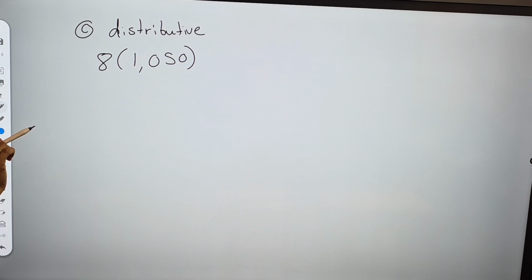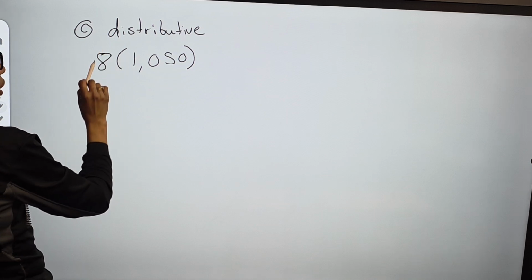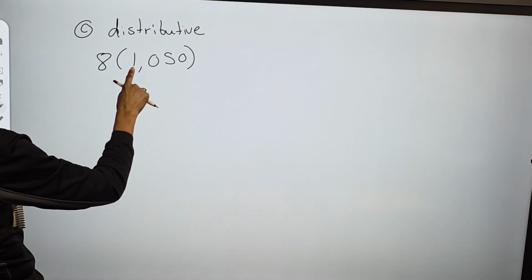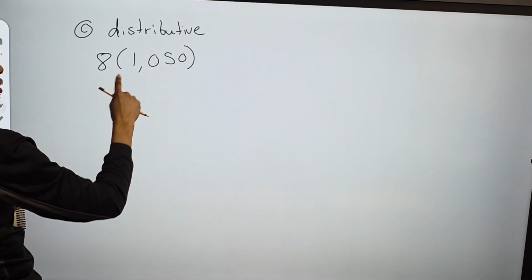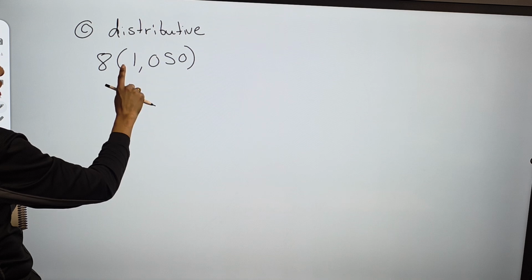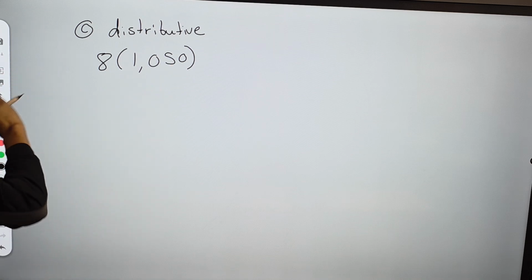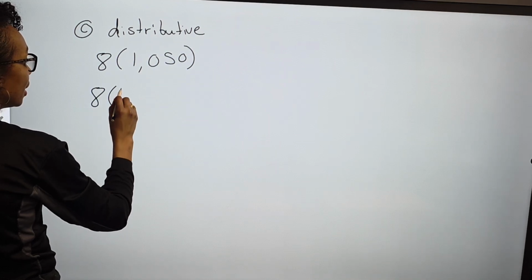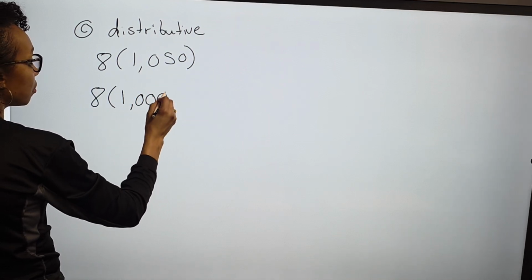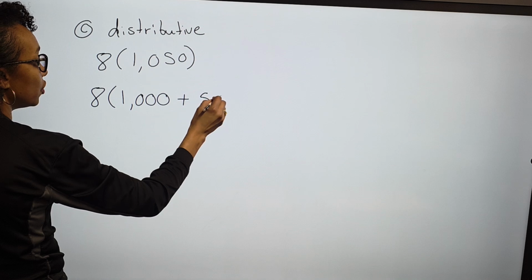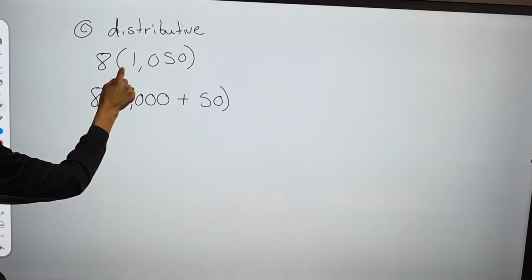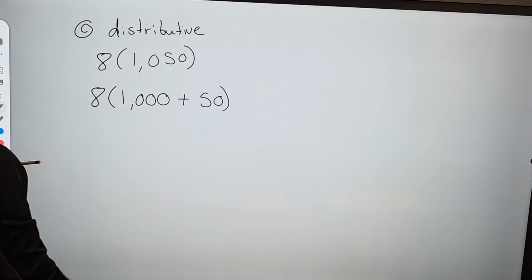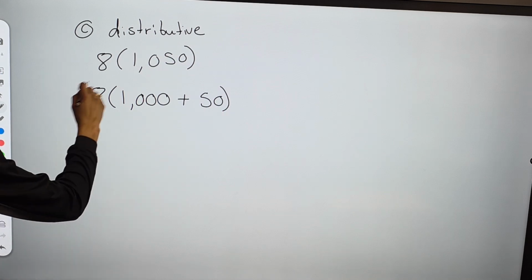Now remember, distributive property only works if you're multiplying the number in the front and distributing it to two parts that have been either added or subtracted. So what they've done is they've broken apart the 1,050 into 1,000 and 50. So they said 8 times 1,000 plus 50. Now we can distribute more easily.